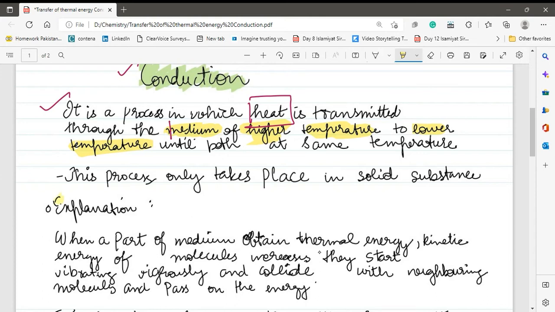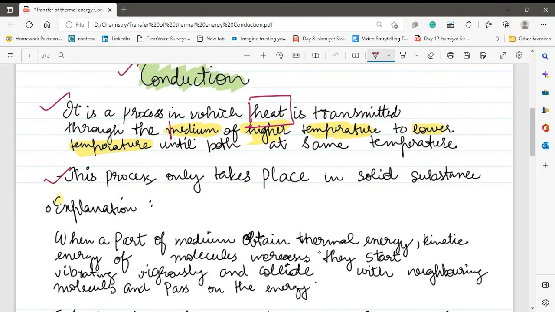So conduction is the process in which the thermal energy, meaning the heat, is transmitted from a medium of higher temperature to the medium of lower temperature until and unless both surfaces are at the same temperature.